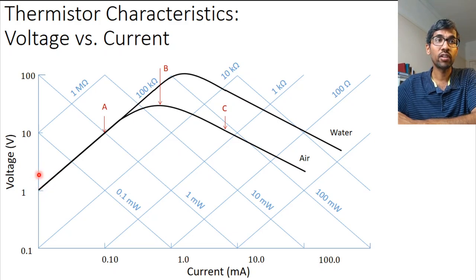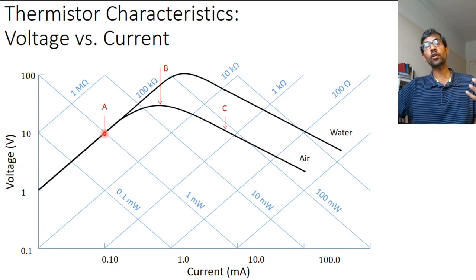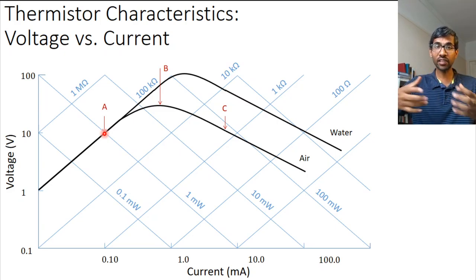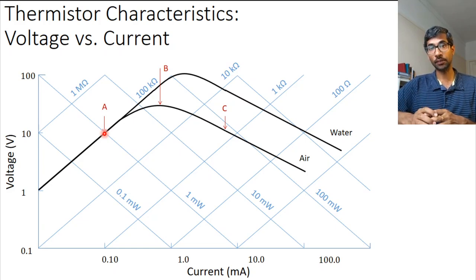The voltage would just be the current times 100 kilo ohms, and that is maintained till point A. So till point A, whatever power is being dissipated by the current in the thermistor is too low to change in any appreciable way the temperature of the thermistor.